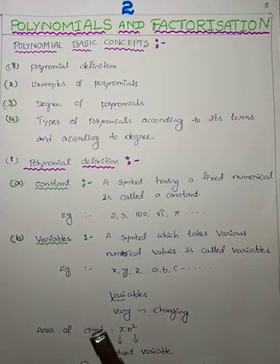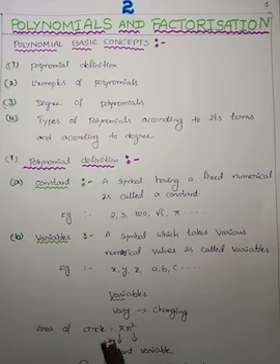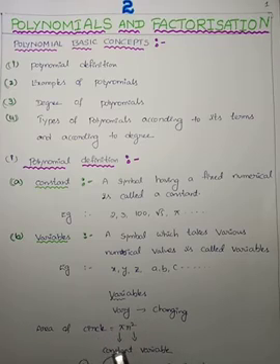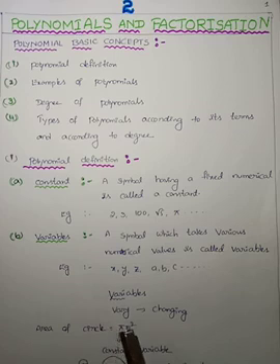Let us take one example, the area of a circle. What is the area of the circle formula? Pi r square. In this formula, pi is called a constant because the value of pi is always equal. Always we take 22 by 7 or 3.14.